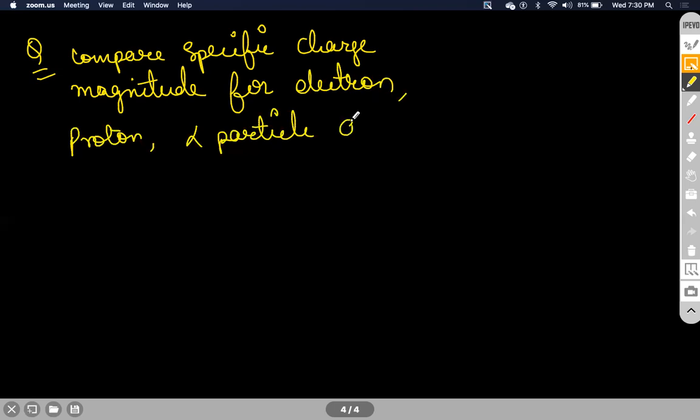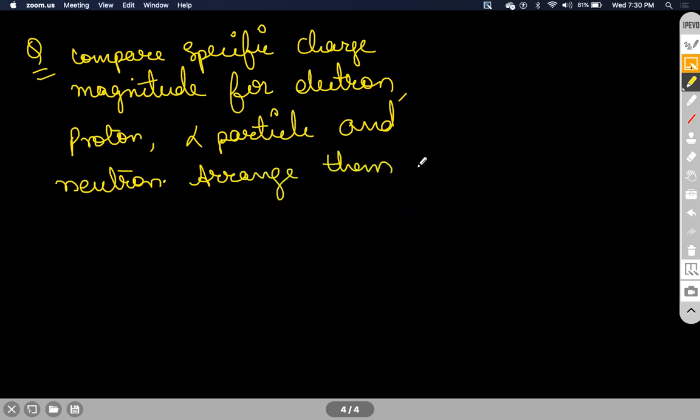Now here an alpha particle has also come into the picture. Arrange them in increasing order. Tell me the answer of this.